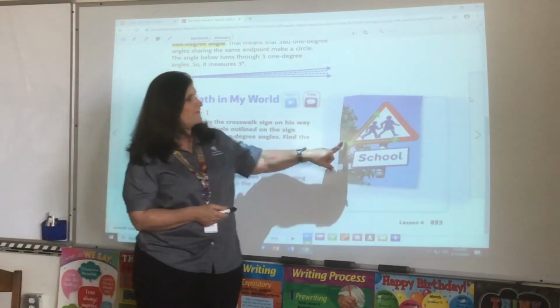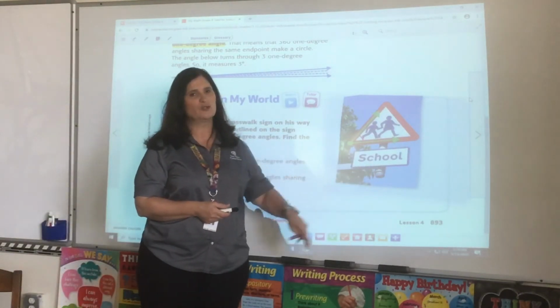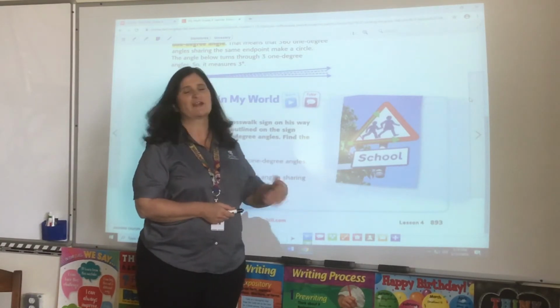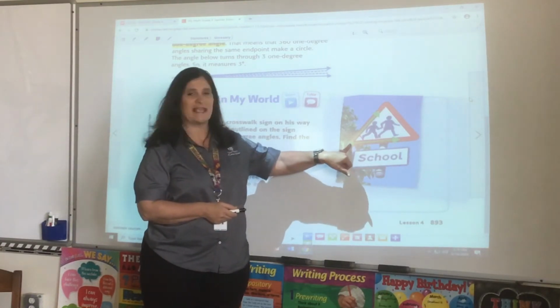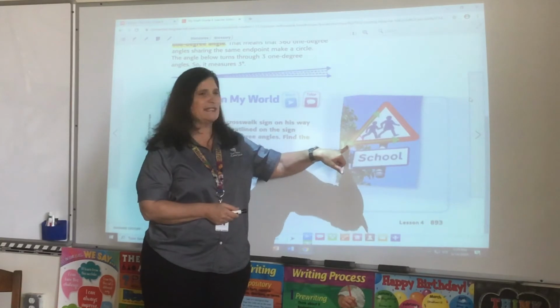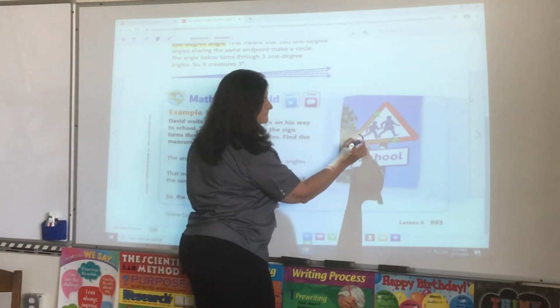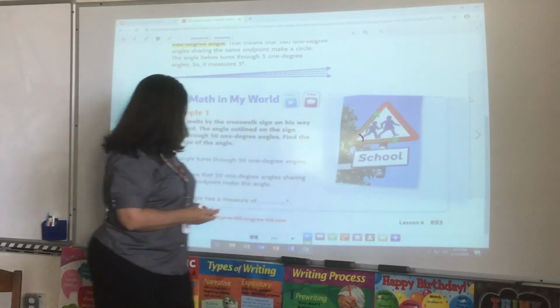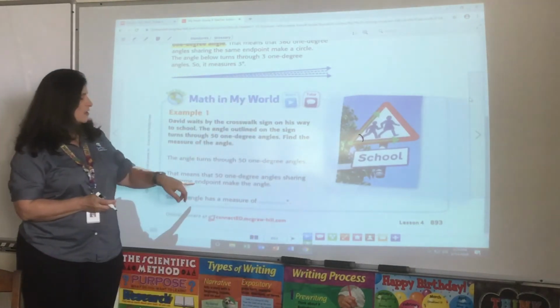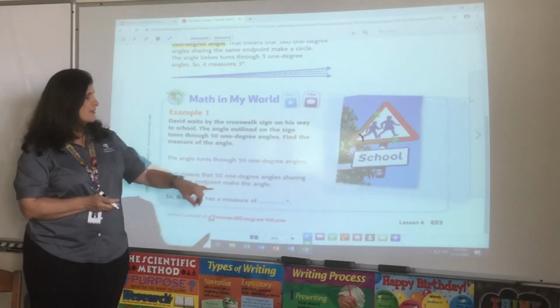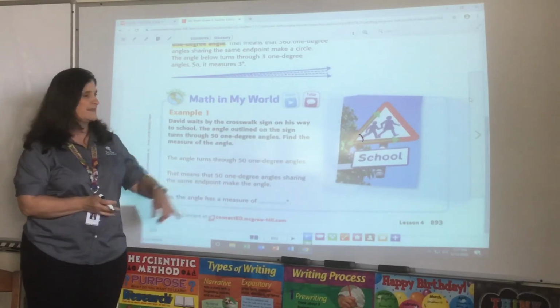So here we have, remember, an angle is made up of 2 rays. Okay, here's the endpoint where the rays meet, and the angle is within here. So that means that 50 1-degree angles sharing the same endpoint make the angle.